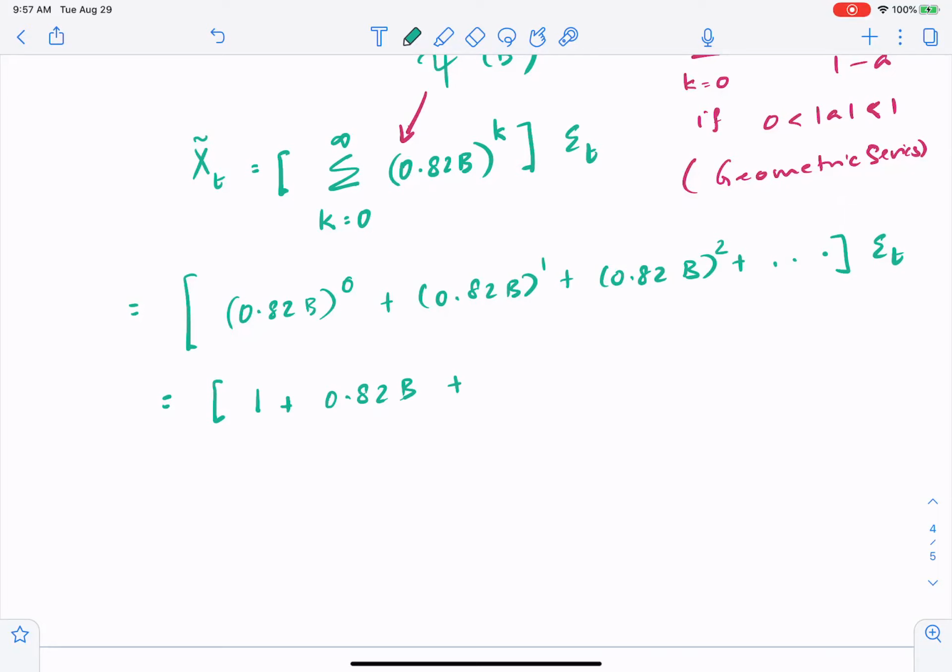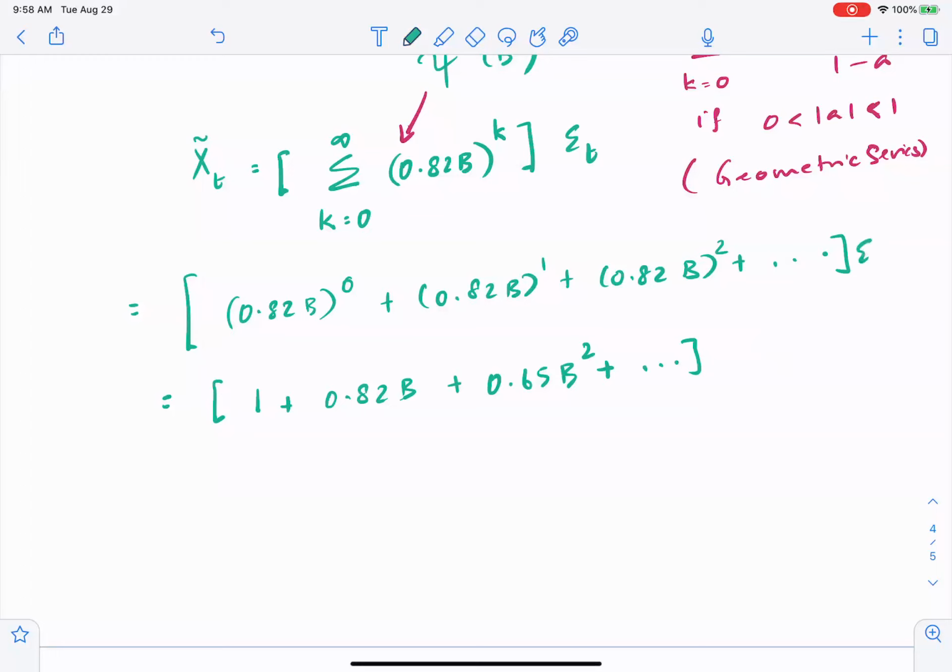No, 0.65 something. 66, I believe, but do check. I'm not using a calculator, I'm doing mental math. So 0.65 B squared plus ... and it keeps on going, times epsilon t.